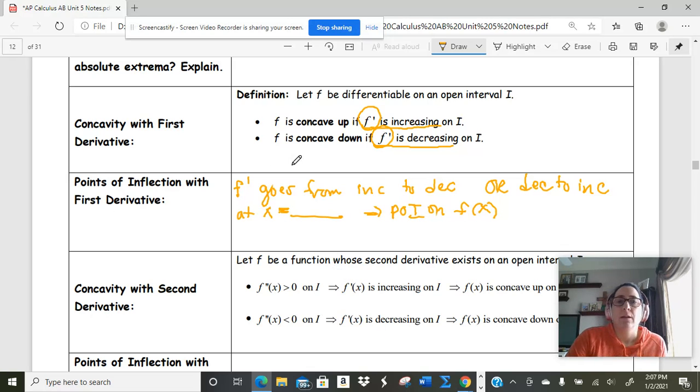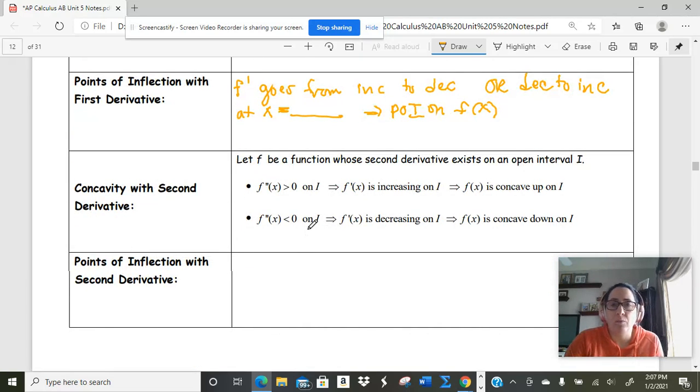Okay, if I wanted to look at the second derivative for points of inflection, then where the second derivative is greater than 0, f is concave up, and f prime is increasing. If the second derivative is less than 0, then f prime is decreasing and we're concave down.